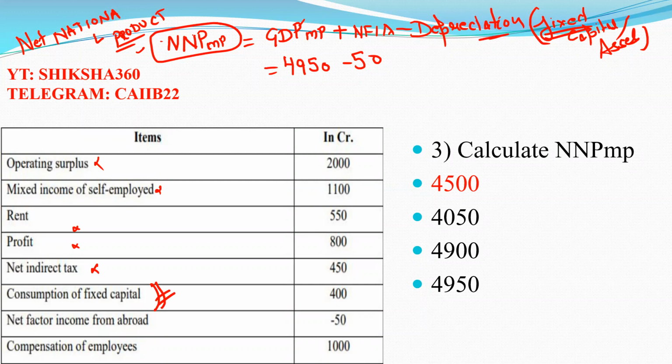We have to subtract that also. Minus 400, so it comes out to 4,500 crore.